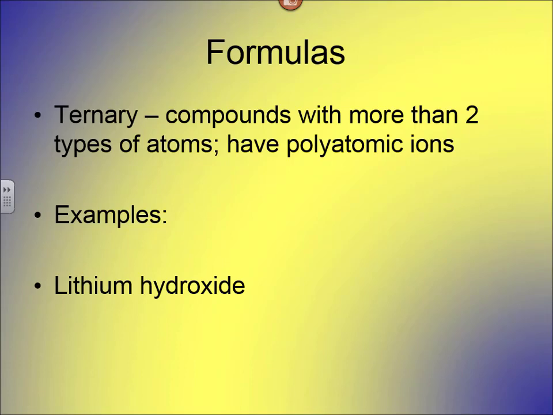So look on the back of your notes packet, find hydroxide on the list. Look up what it is and what its charge is. So what's hydroxide? OH, and it's a -1.